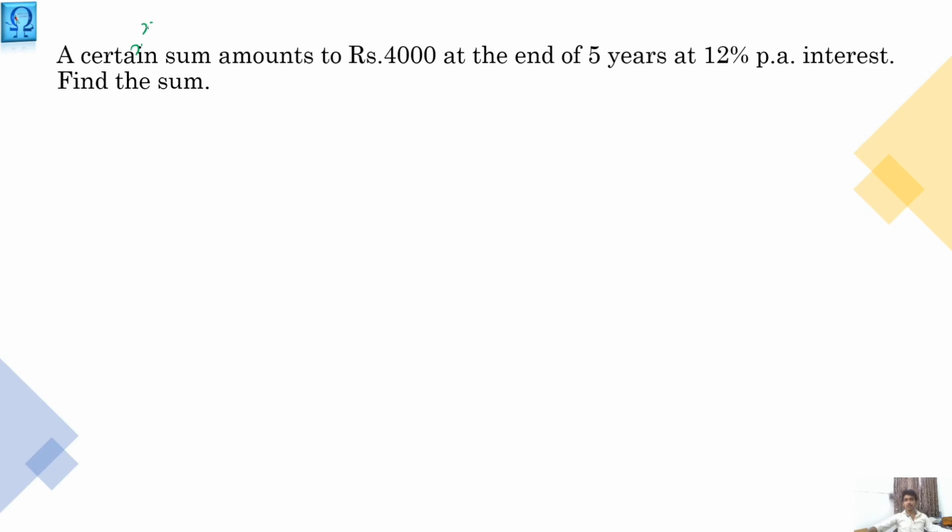So if you want to take it as x, you may, but if you want to take that as a certain amount, so let me have it as some P. Okay, a certain sum amounts to 4000, so this becomes rupees 4000 in 5 years at 12 percentage interest rate.